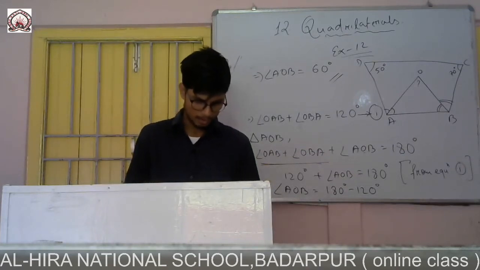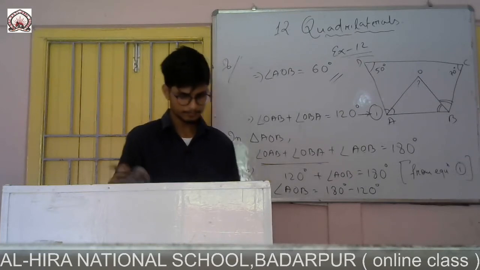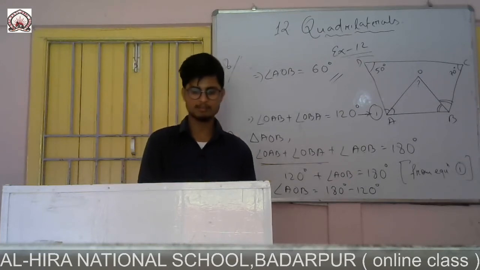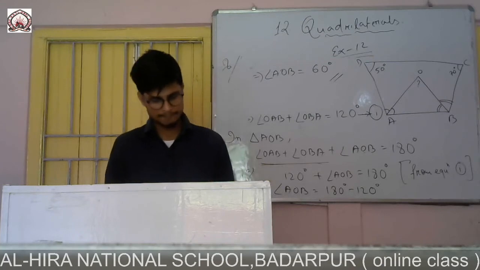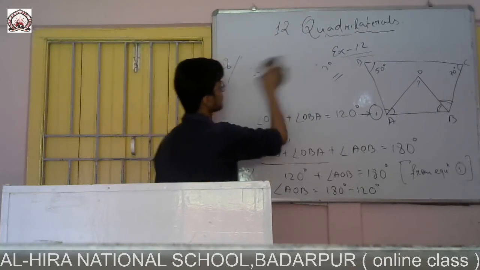Okay. Now higher order thinking, question number 12. Find the values of x, y and z in the diagram. Give reason wherever necessary. So there is a figure. Let me draw the figure.